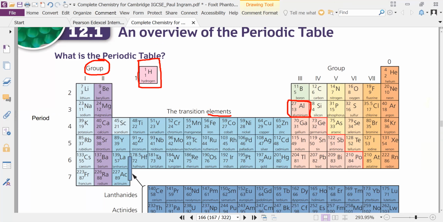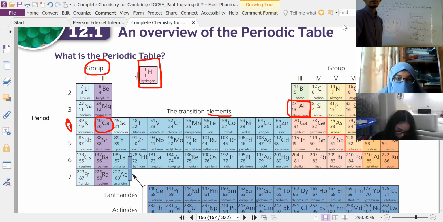I have 4 shells, so 1, 2, 3, 4. If you want to locate, we are in the 4th period because we have 4 shells. Then I have 2 electrons in the outer shell. It means I'll get it in group 2. So 4th period, group 2 is calcium. Clear? Is it clear up to this? Yes, sir.